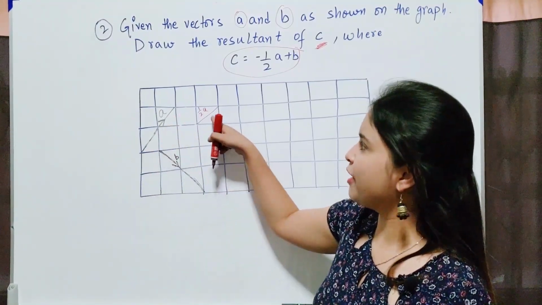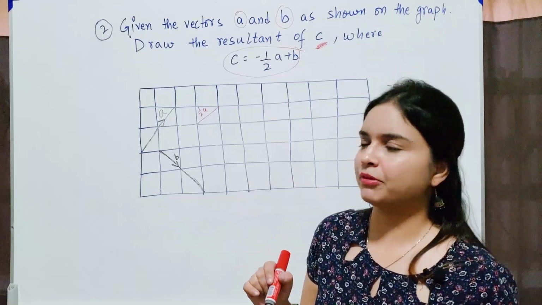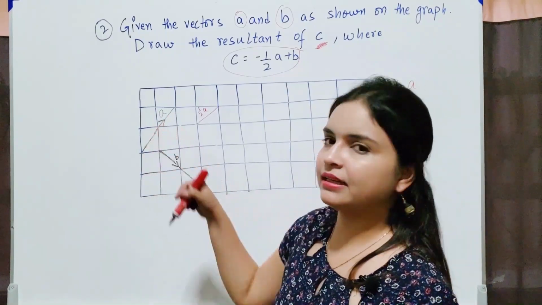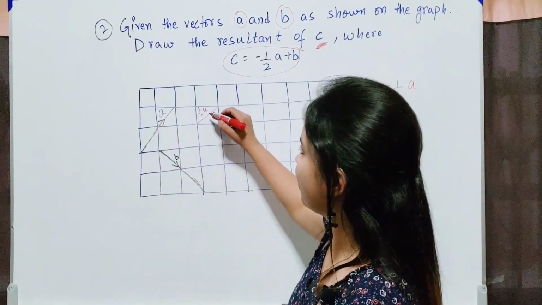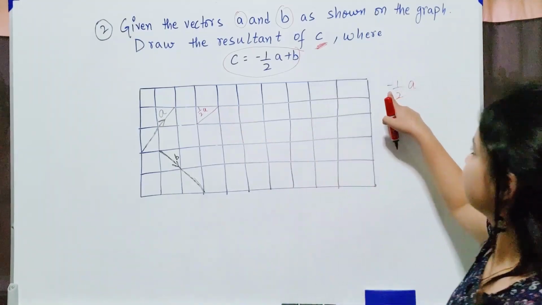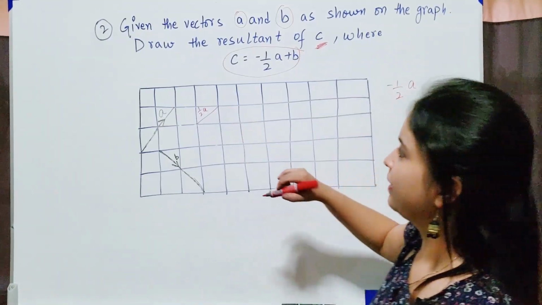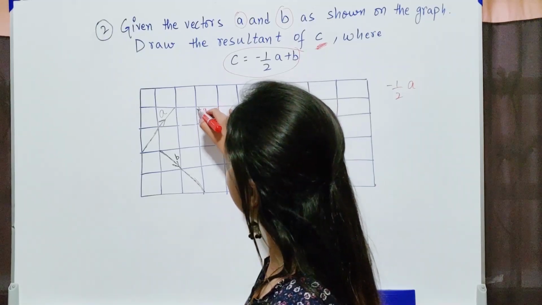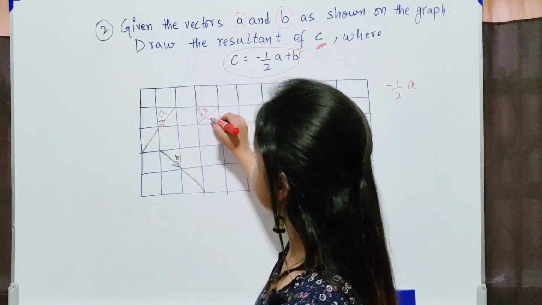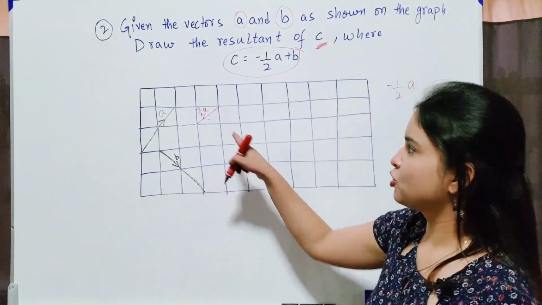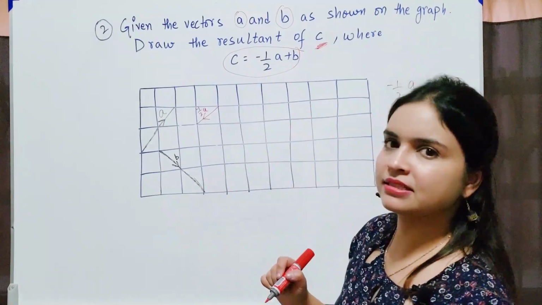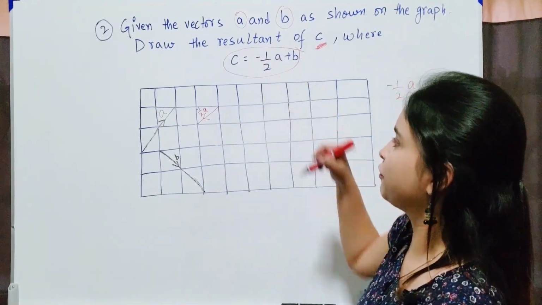So that means half of A will take only 1 block. And A is going in the upward direction. So this is minus half of A. Minus half of A will go in the downward direction. So I got my first scalar quantity, which is minus half of A.